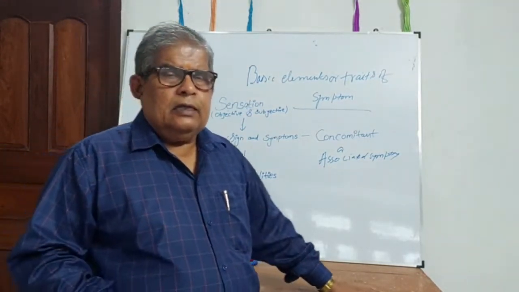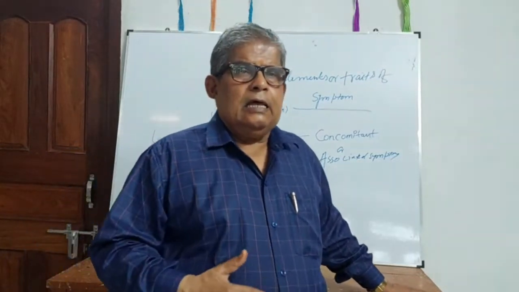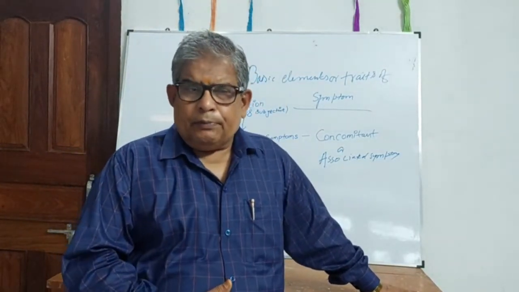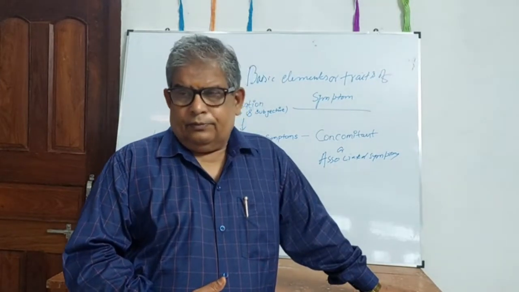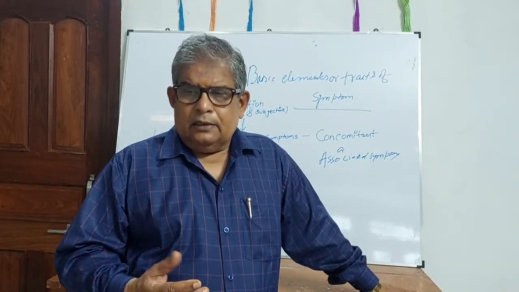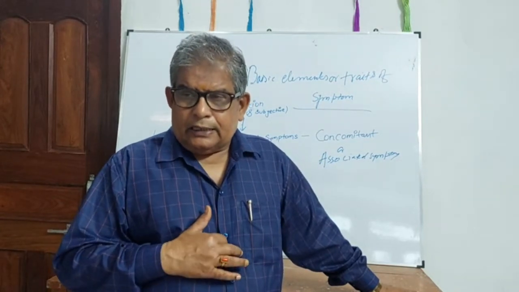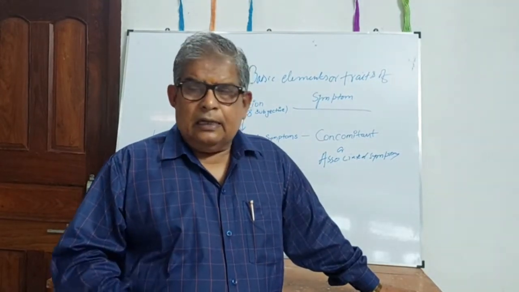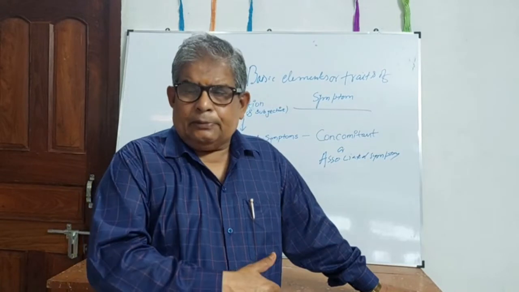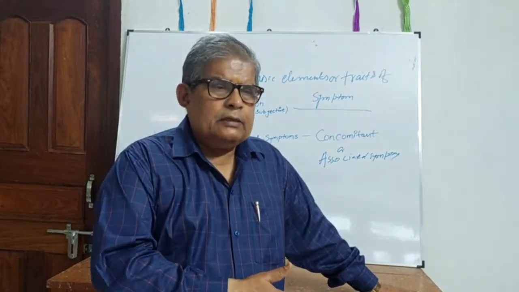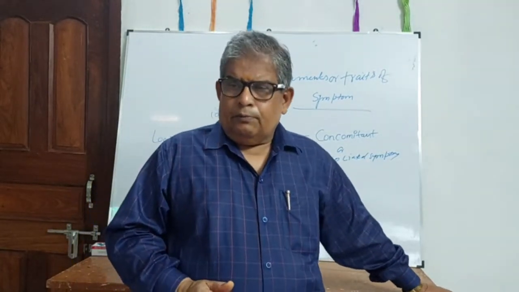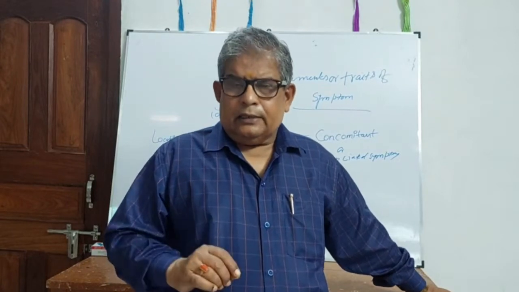For example, a patient says that I am suffering from severe pain in the abdomen. We ask where the pain is located: in the mid-epigastric region, umbilical region, right hypochondrium, left hypochondrium. Whatever the position, you first find where the pain is located.